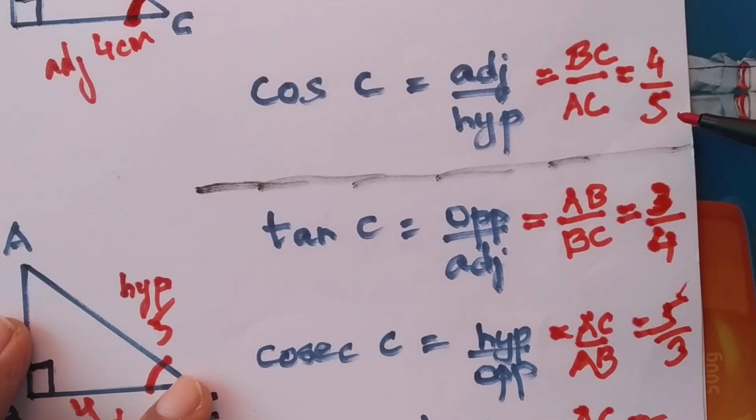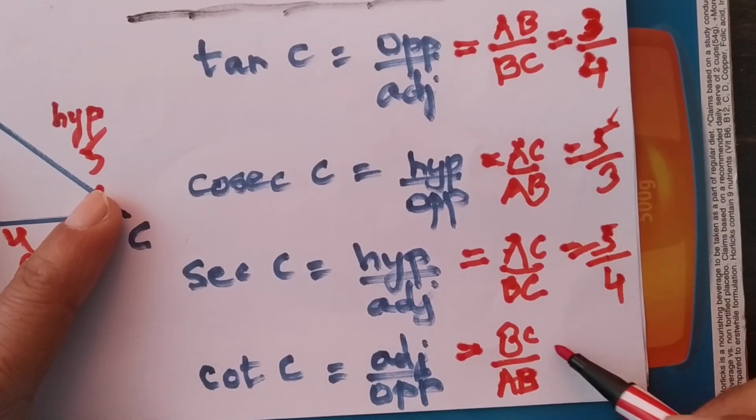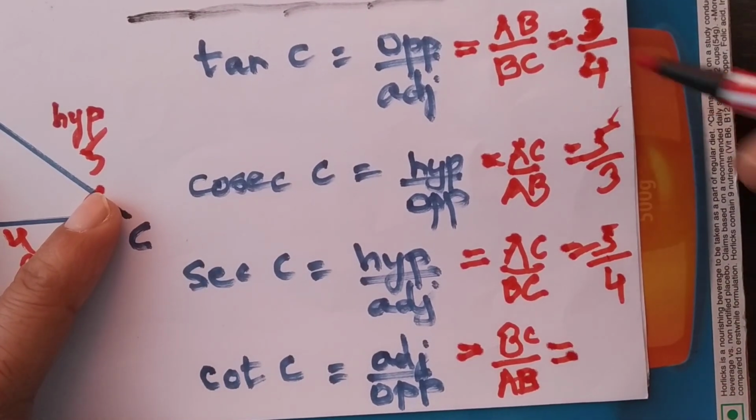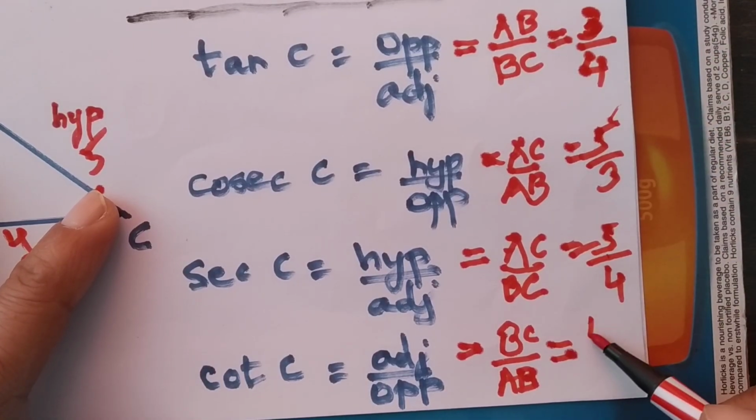Cos is 4 by 5, so sec would be 5 by 4. What is cot? The inverse of tan. Tan is 3 by 4, so this would be 4 by 3.